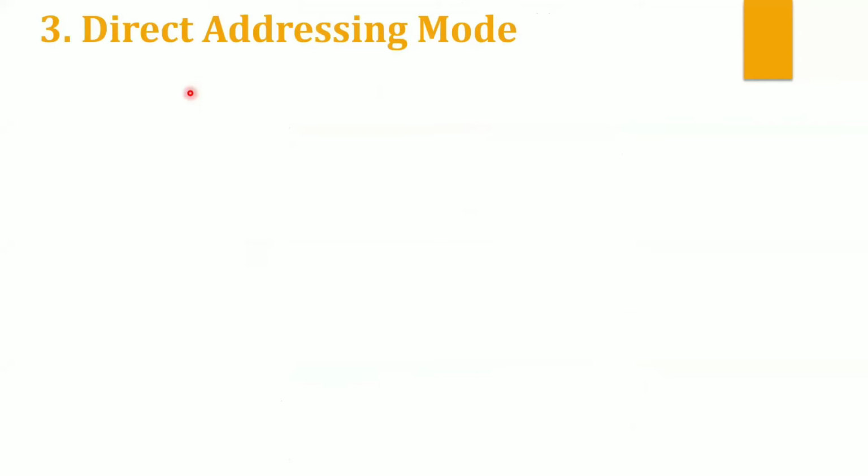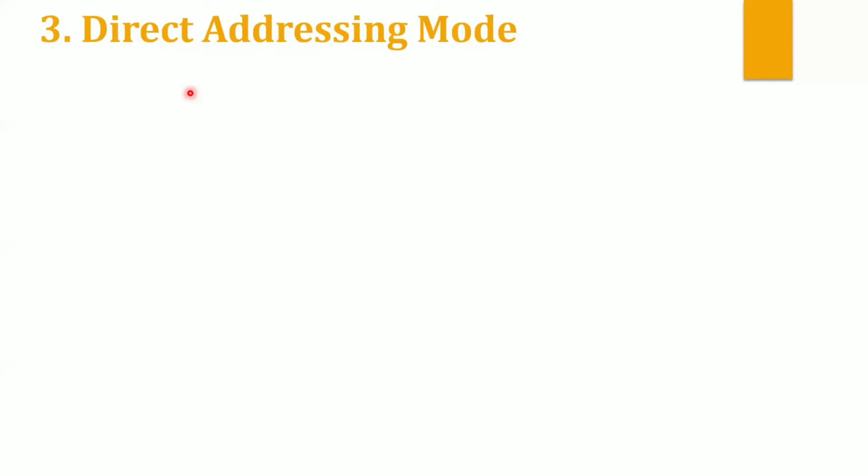Okay, so apart from this, what is direct addressing mode? In the first addressing mode, the data is given directly in the instruction. In the next addressing mode, register addressing, we have given the data inside a register. And in the third addressing mode, direct addressing, the name itself indicates we are giving the address directly in the instruction.